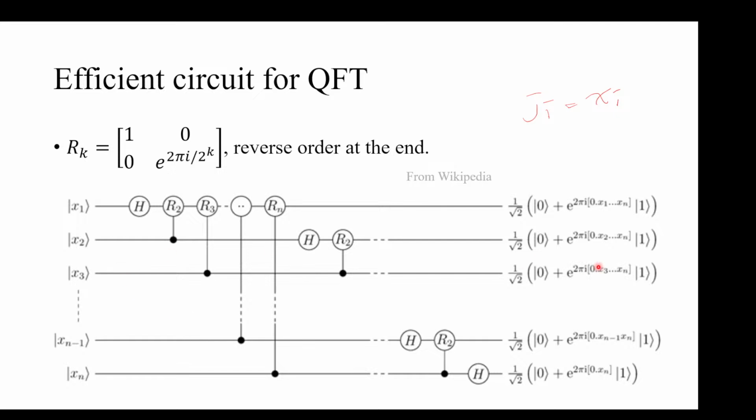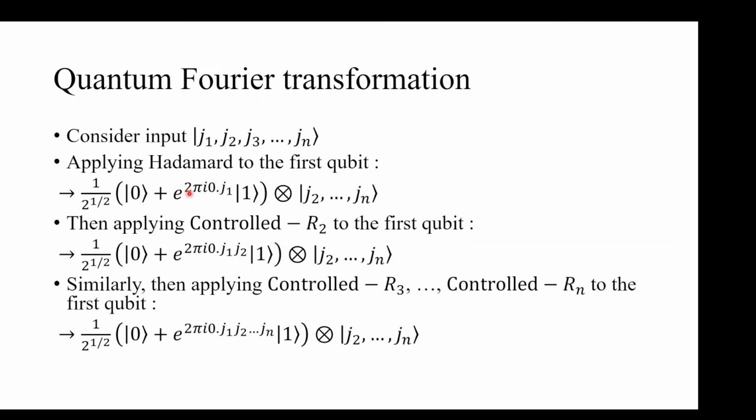I guess we can just do it qubit by qubit. So let's first see what happens on the first qubit, and prove that the first qubit becomes this thing. I think this is pretty obvious. You start with x and you do a Hadamard, and then the first qubit just becomes 1 over square root 2 (|0> + e to the 2 pi i 0.j1 |1>).